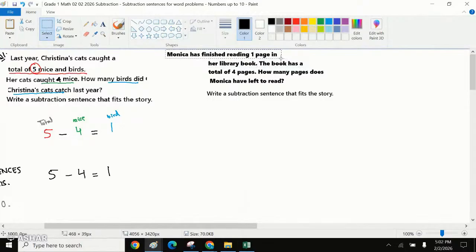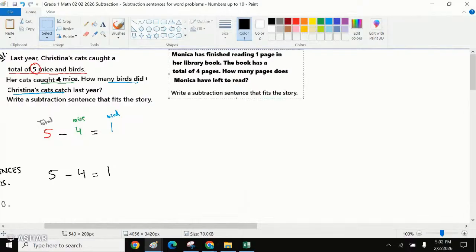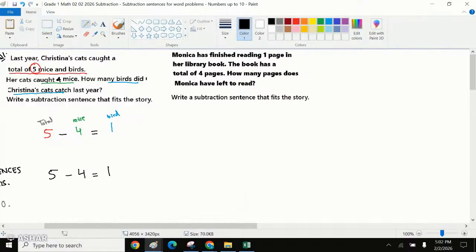Monica has finished reading one page in her library book. The book has a total of 4 pages. If the book has 4 pages, let's see how the equation can be written for question number 2. I'll start highlighting. She finished reading one page.